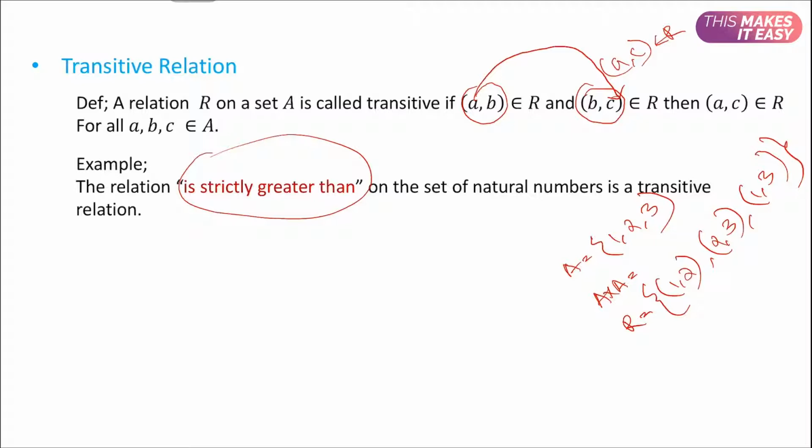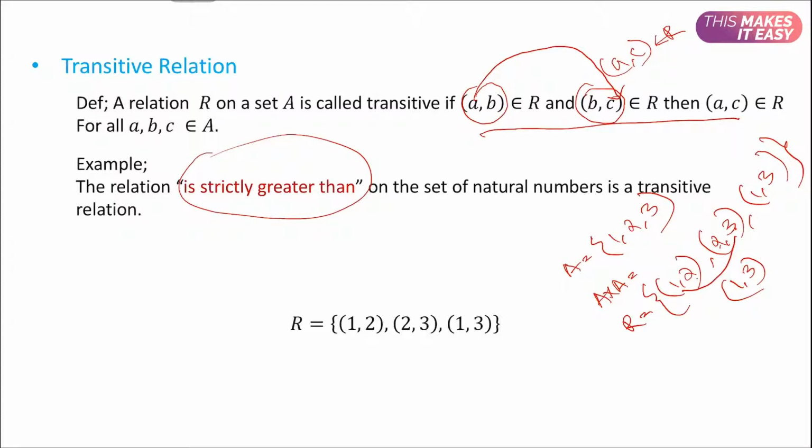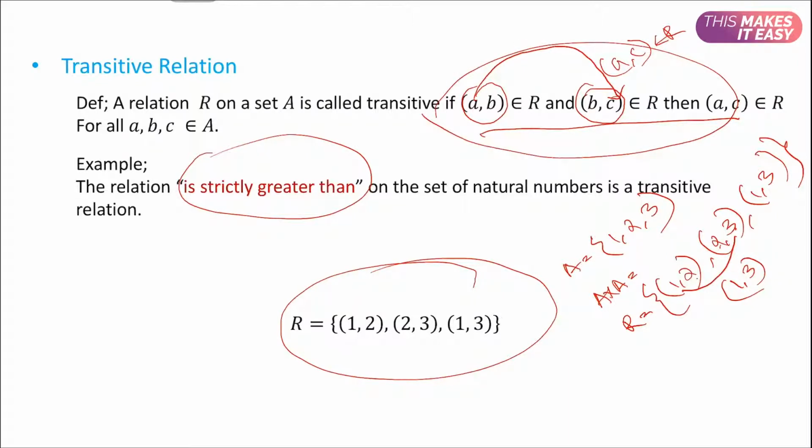In this case (1, 2) is a part of the relation, (2, 3) is also part of the relation, then (1, 3) is also a part of the relation. That's what we mean by this condition. This relation satisfies this property, so that relation is called a transitive relation.